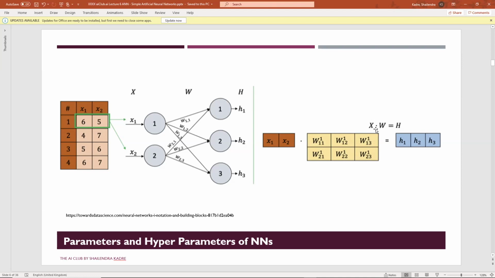On the very top of the right hand side figure, it is written capital X dot W is equal to H. In a simple notation we have shown the output. So if I multiply input vector X to weight matrix W, I get the output vector H. Very simple vector algebra. And X dot W is nothing but a dot product.